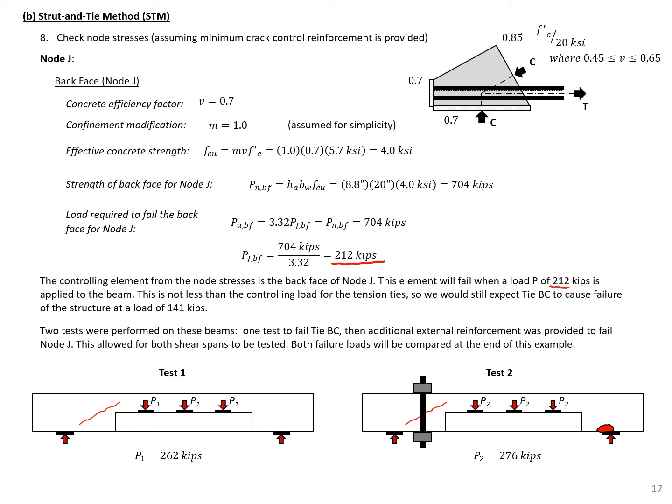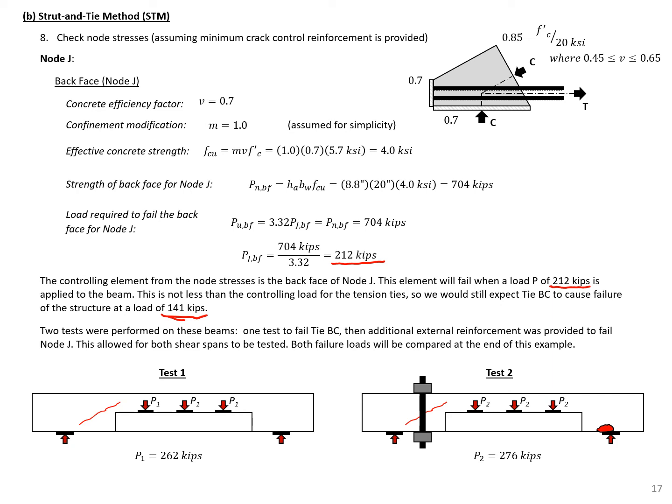So the 212 kips controls the strut capacities, or the node capacities, but this is not less than the 141 kips that we found controls the tension ties, specifically tension tie BC. So the beam would be predicted to fail at an applied load of 141 kips, and it would be predicted to fail in the tie element BC.